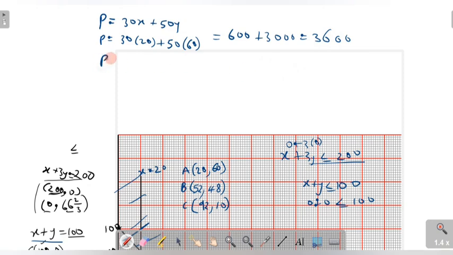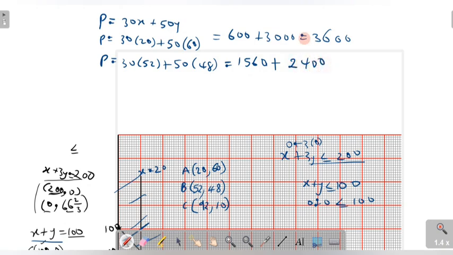Okay, then again we get P equals 30 times 52 plus 50 times 48, and that will be equal to 30 times 52, that's 1,560, plus 50 times 48, that's 2,400.